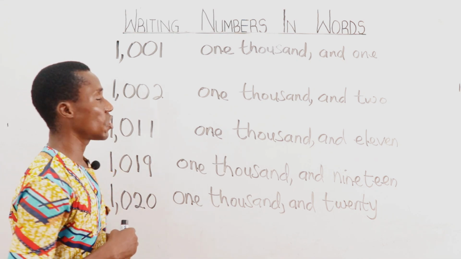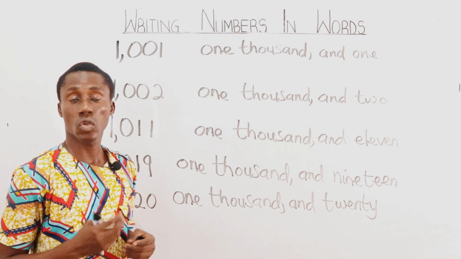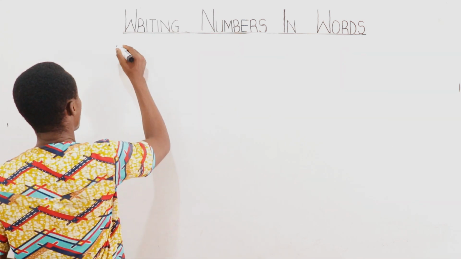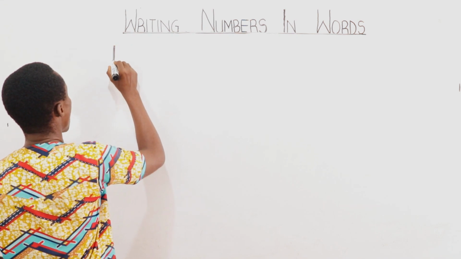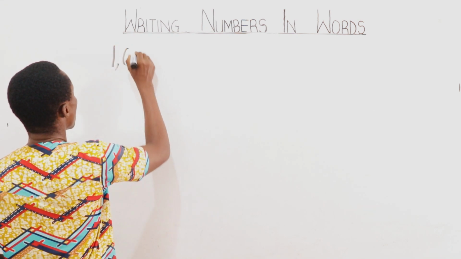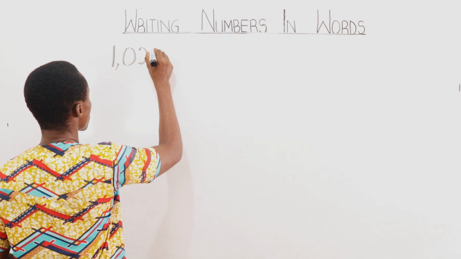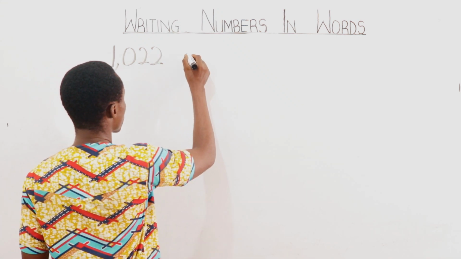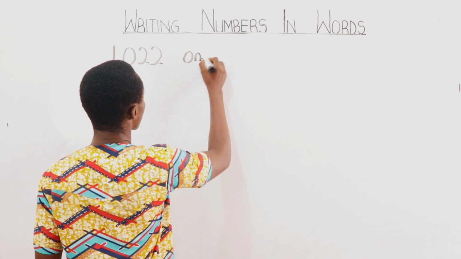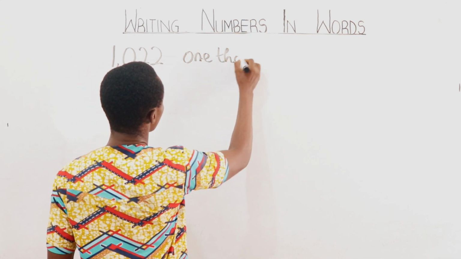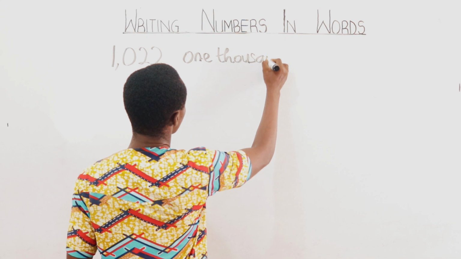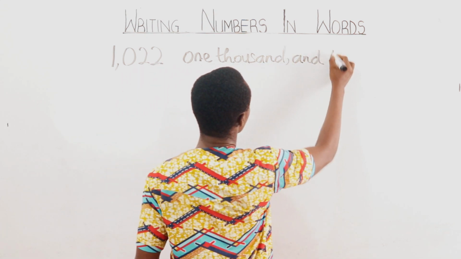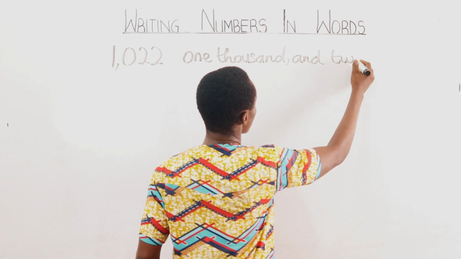Now let's look at examples with the compound numbers. Let's say we have 1,022, and that will give us 1,000 and 22.